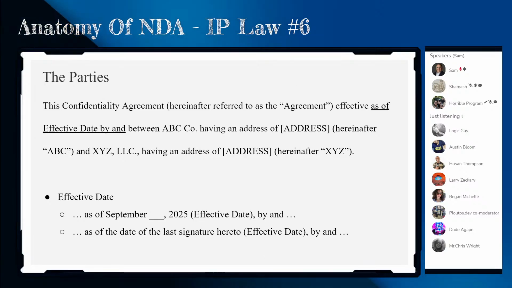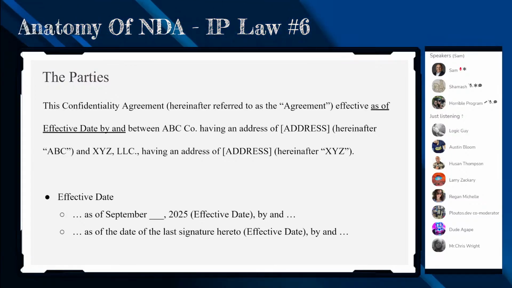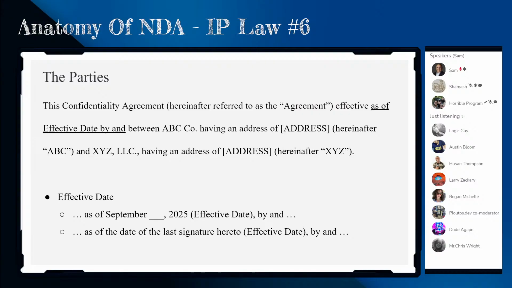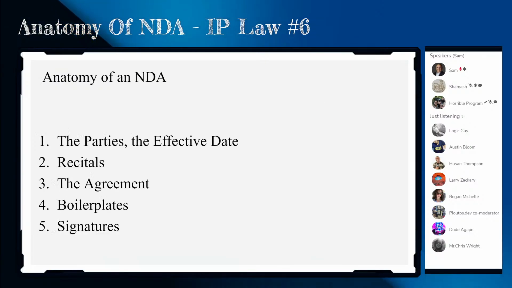The second one is the one I like the most, and that's the one I put into my agreements: as of the date of the last signature here too. So the date that the last person signs is going to be the effective date.